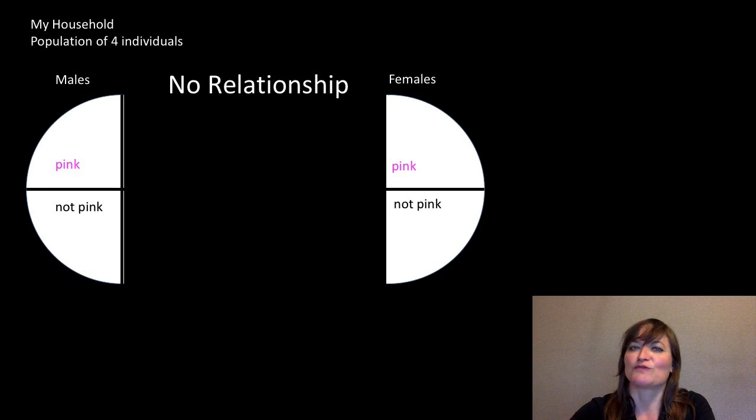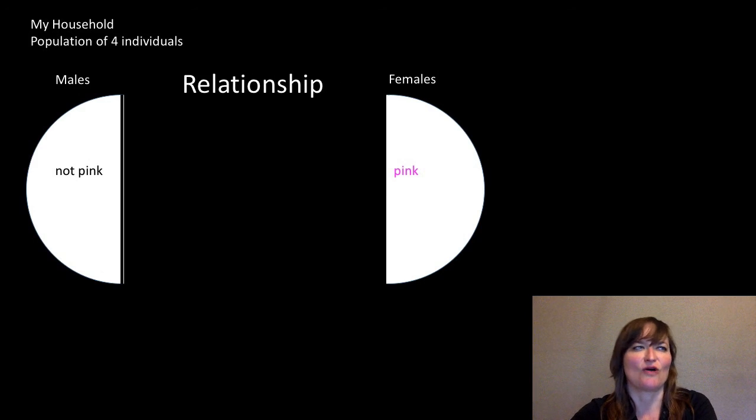If we found that it was related to gender, that only the females liked pink and none of the men liked pink, then as soon as you know one level of one variable, this person is male, you would know their response on another variable. Therefore, they won't like pink. And that's the power of data. That's the power of seeing these patterns and gaining this information.